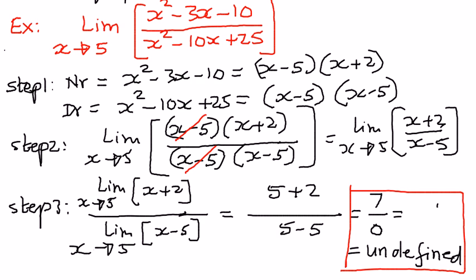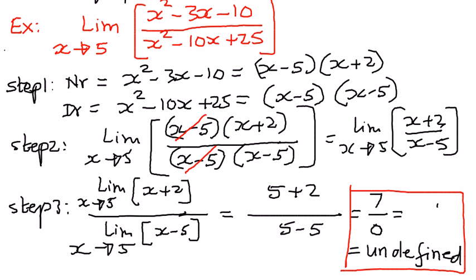So what we did here was we wanted to find the value of the limit which had a polynomial in the numerator part, a polynomial in the denominator part as x approached 5.